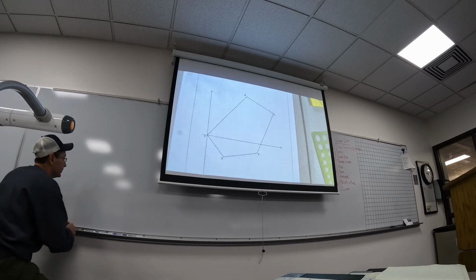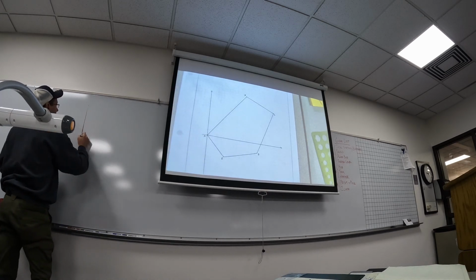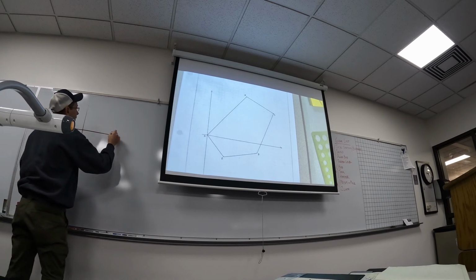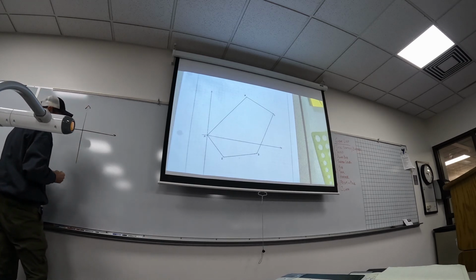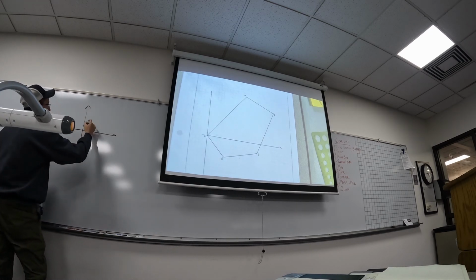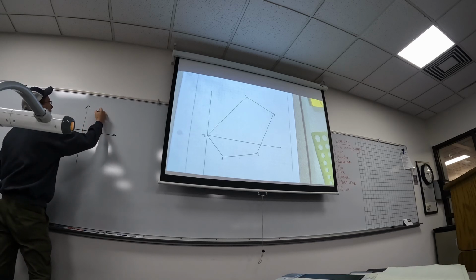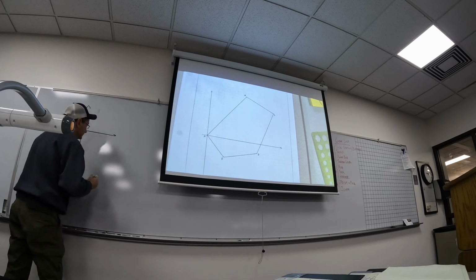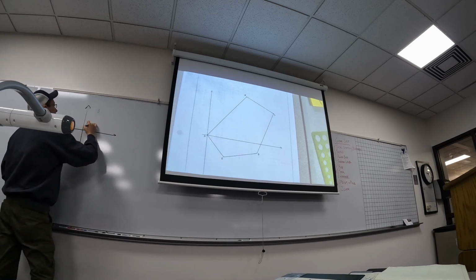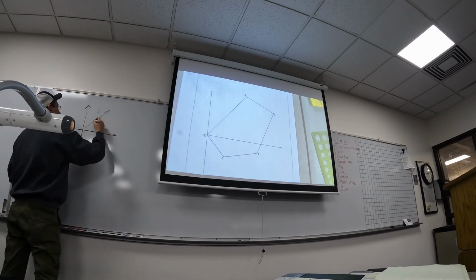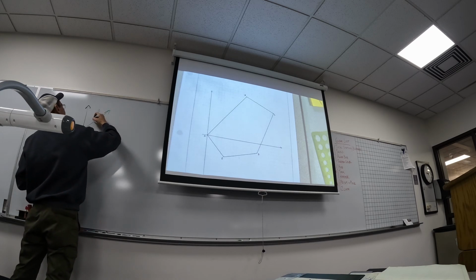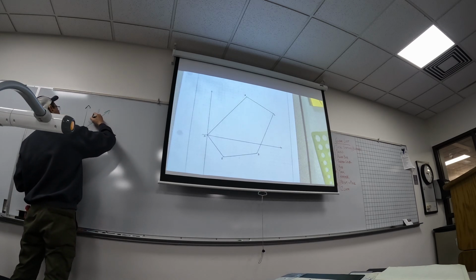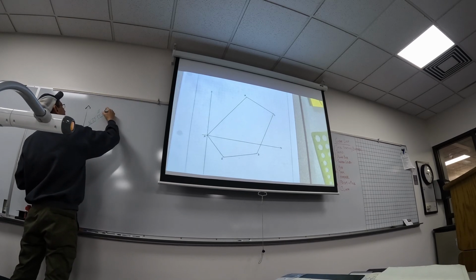So if we have an axis, and we have from point A to B, and we have this as our A to B, let's just say this is north 29 degrees 17 minutes east.